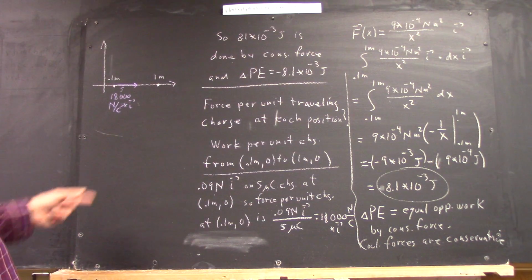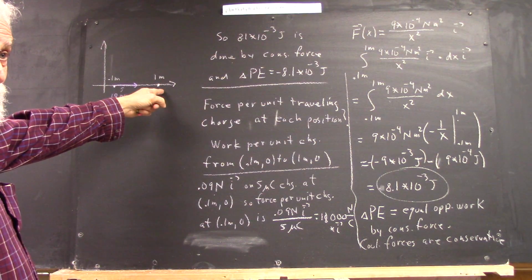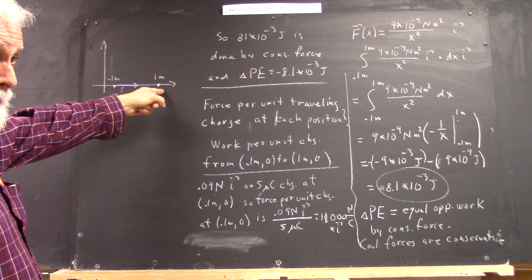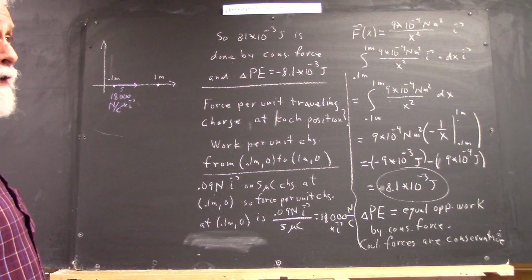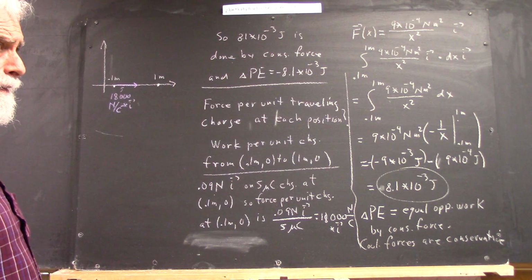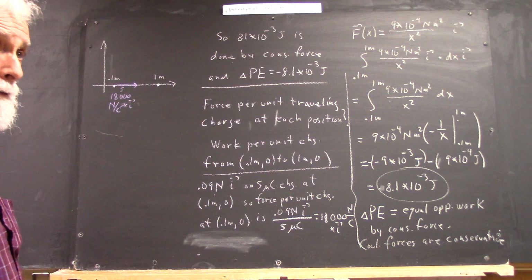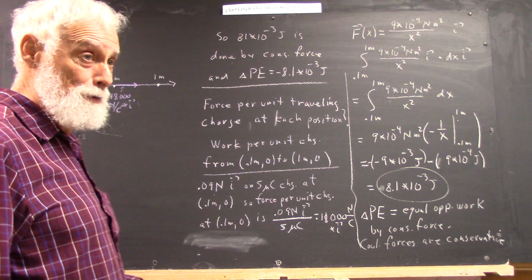Well, what happened to the force if I went from 0.1 meter to 1 meter? It decreased. By what factor? I'm 10 times as far. Yeah, by a factor of 100, because it's an inverse square, and we need to get used to that with these numbers, right?